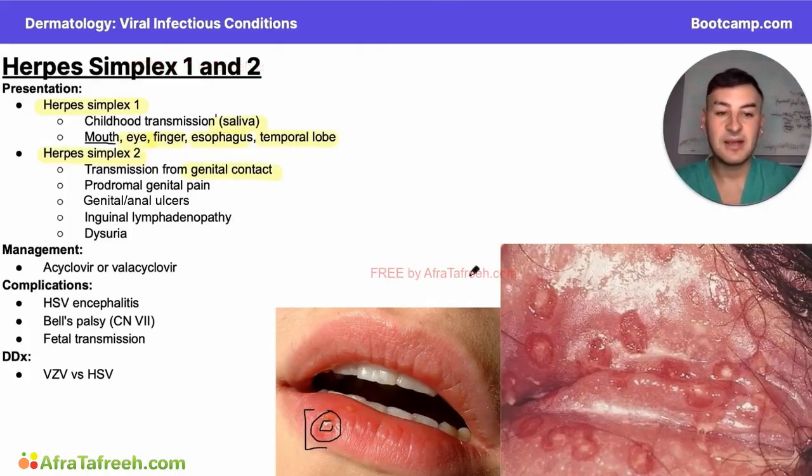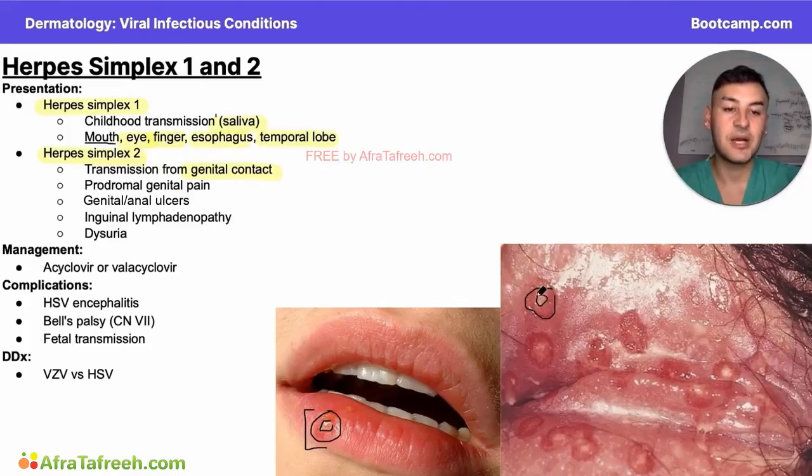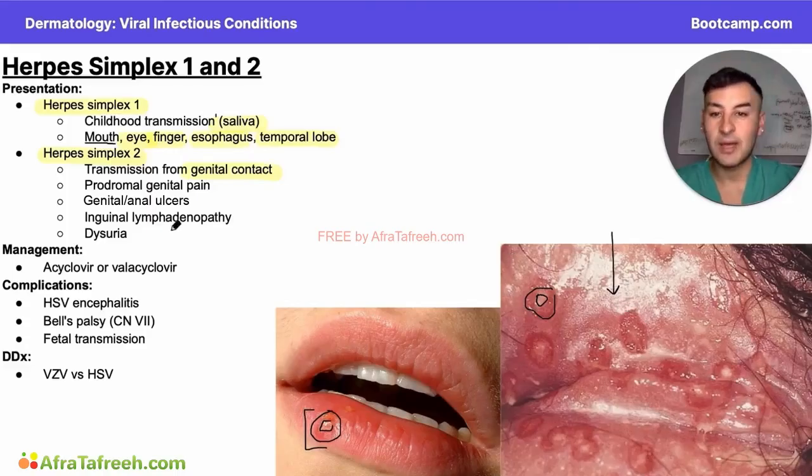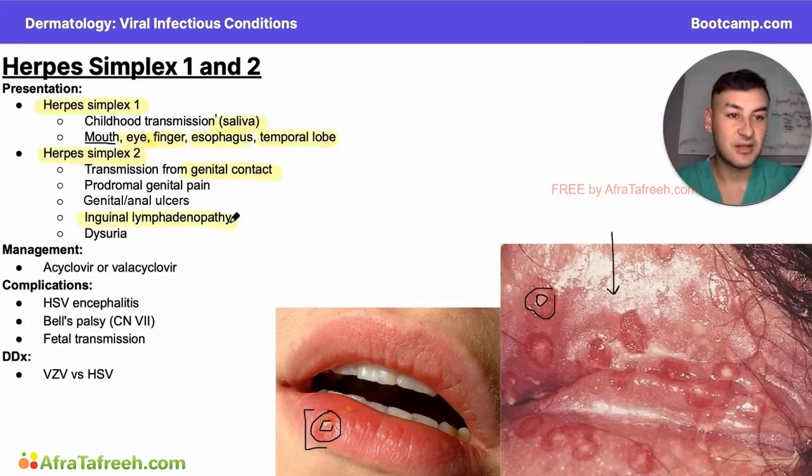Now, this is going to have lesions that look very similar. So we have our erythematous base here, and then we have vesicular papule on top of that. This is actually herpes here of the labia and the vagina, okay? So you're going to have anal or genital ulcers, and also on physical exam, you could have some inguinal lymphadenopathy, just like a lot of other STDs.